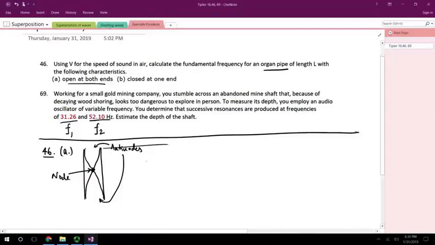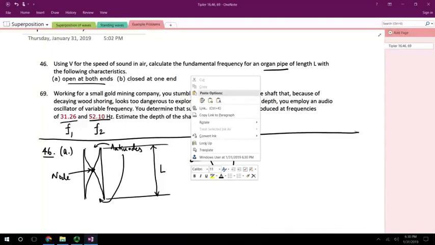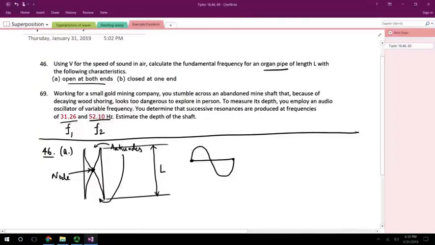So what else do we know about this pipe? We know that its length is given, that length is L, and since this is a standing wave pattern, we can go back to our favorite symbolic way of showing a wave. Starting from this point all the way to here is one wavelength, lambda.